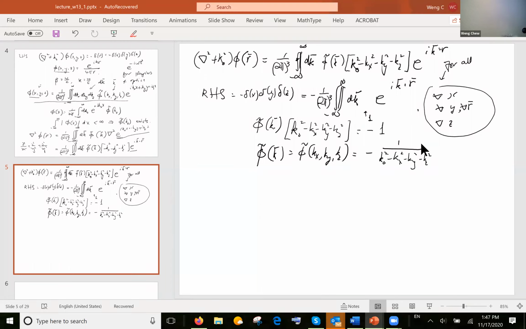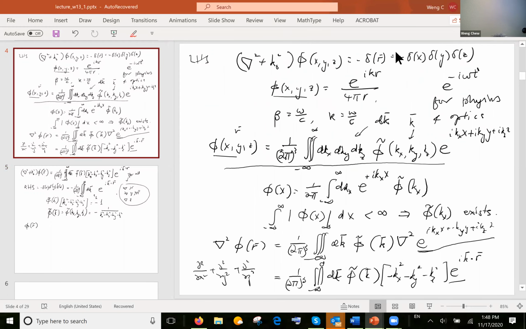And then I can write my total field, the solution to this equation. In the beginning, I set out to look for the solution to this equation using a different technique. The solution I already know from the Green's function method to be this.